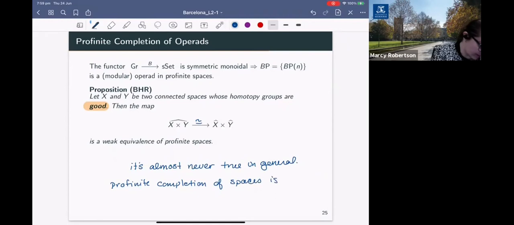We don't have any relationship really. Well, there's a relationship, there's a map, but it's not a good map.